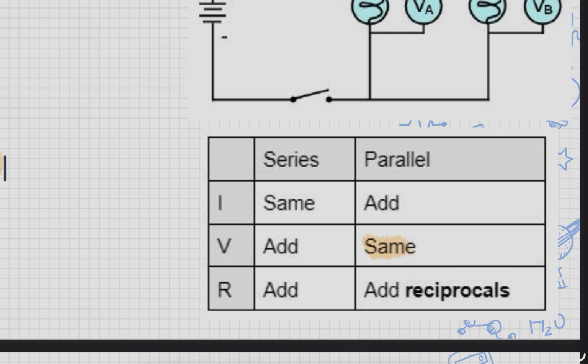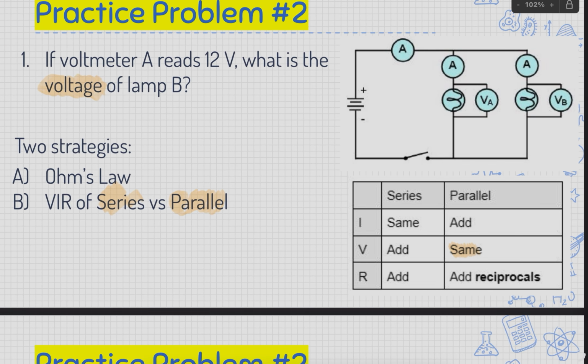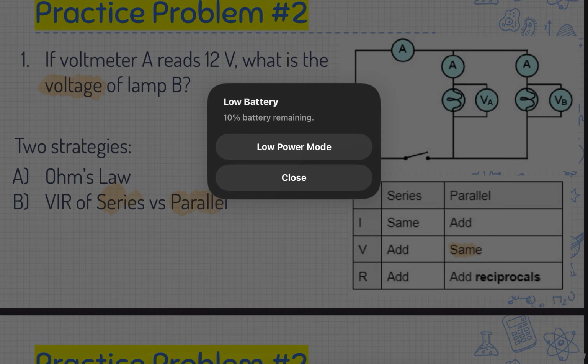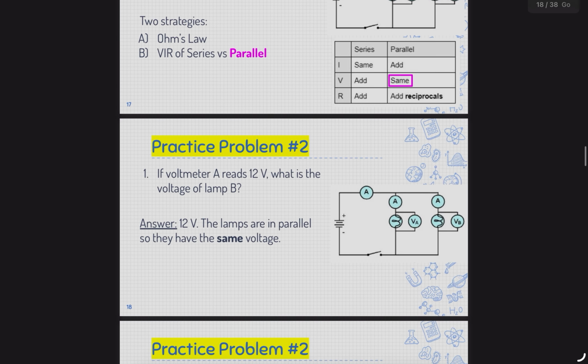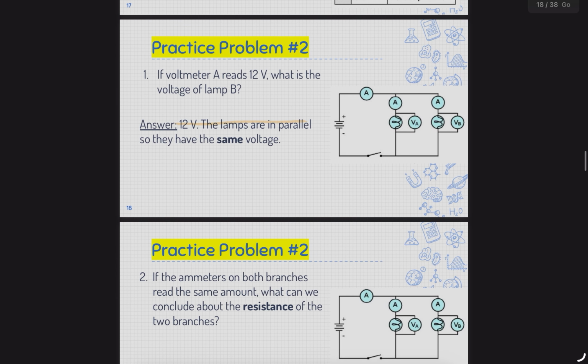In our case, if voltmeter A, which is this one, reads 12, what is the voltage of lamp B? Lamp B would be this one. So in that case, this would be 12 volts. That is because these lamps are in parallel, so they have the same voltage.